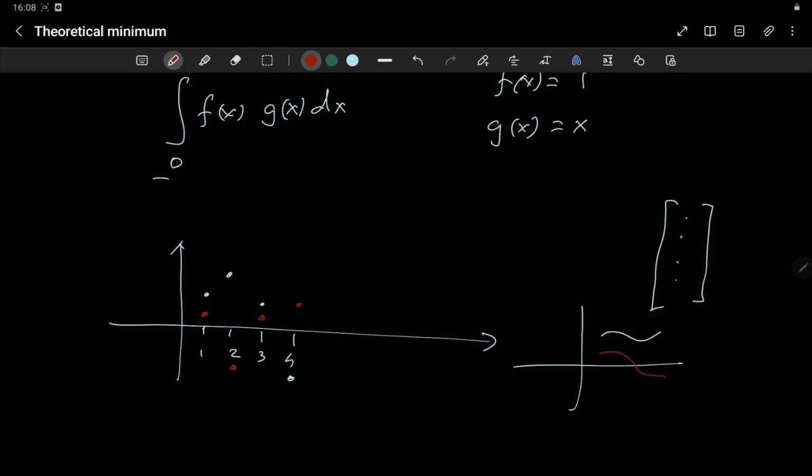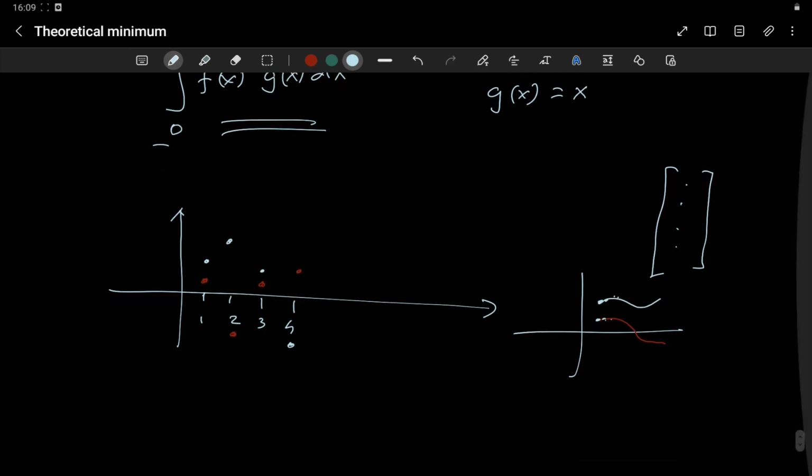You are multiplying f of x into g of x, value by value, and the integration is nothing but the summation. From that understanding you can see why it is an inner product.